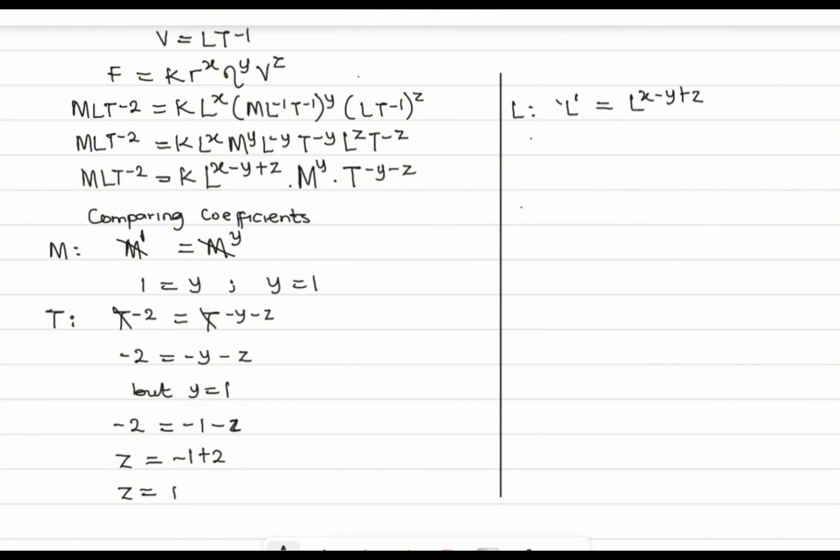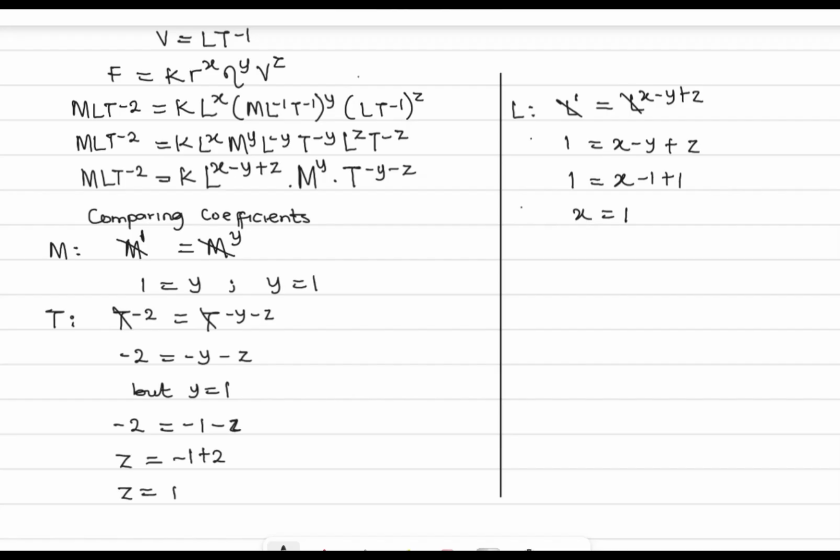So eventually, taking out the base, we get that 1 is equal to x minus y plus z. We've gotten z and y, put that in, we get 1 is equal to x minus 1 plus 1. Our y is 1, z is 1. So at the end of the day, minus 1 plus 1 cancel out. We get that x is equal to 1.